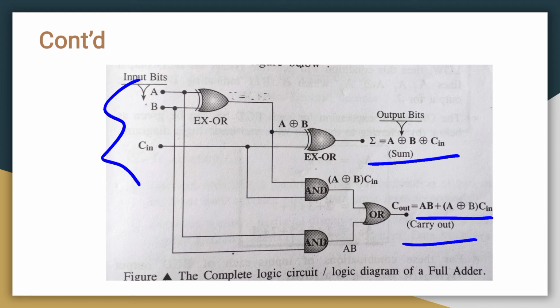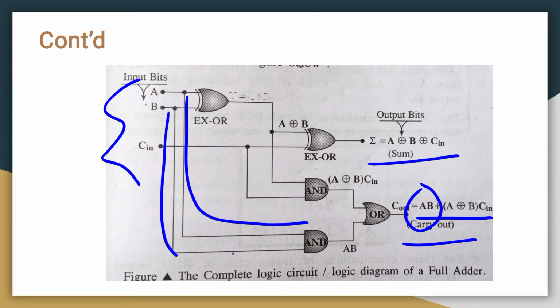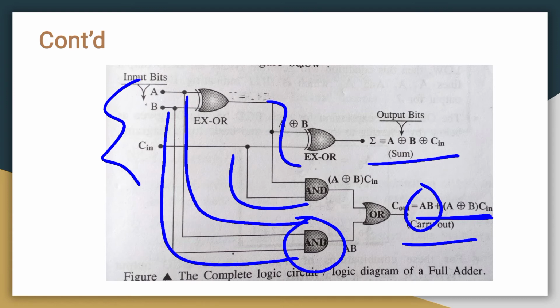So we have to take first AB. So here is A, B. This is the AND operation, AB operation. Next we have to do A XOR B, C in. So this is the A XOR B and C. We got A XOR B, C in.